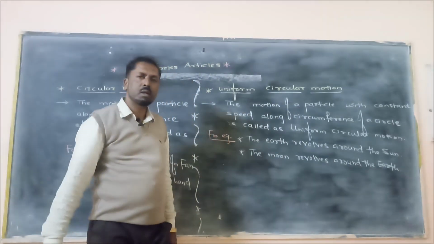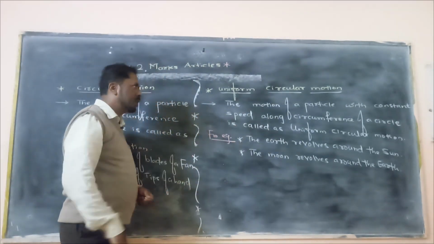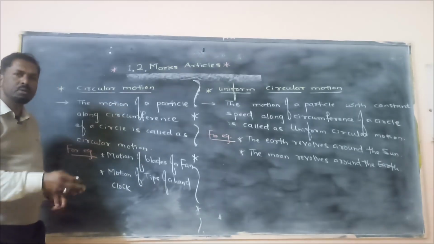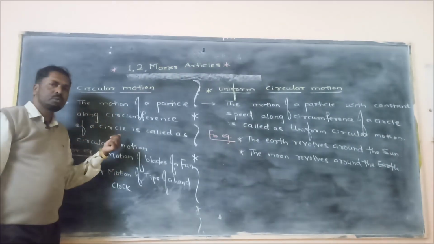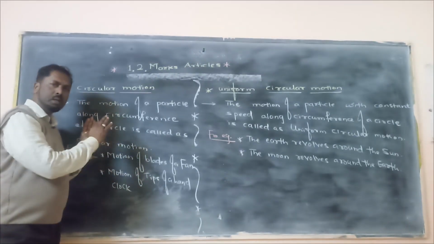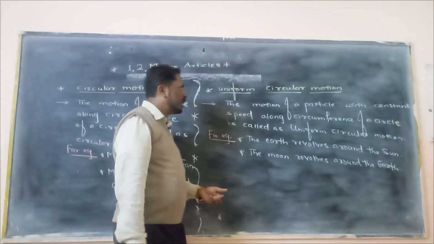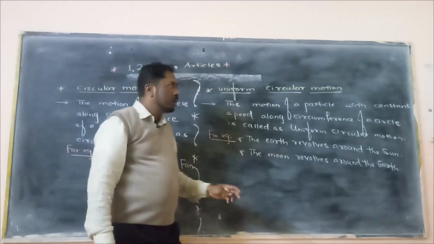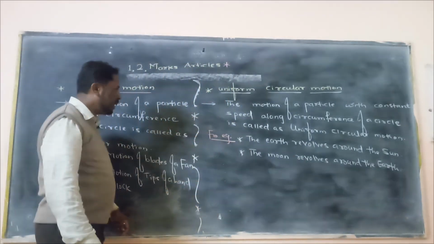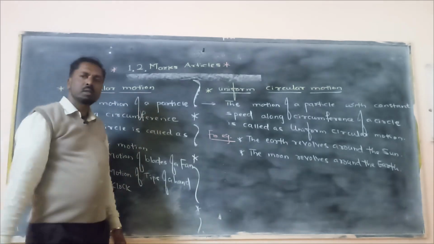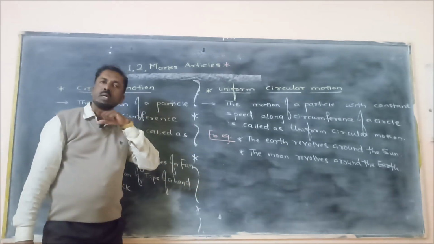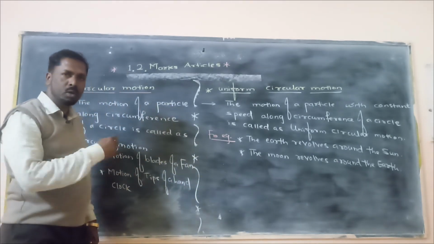So the difference is that in circular motion the speed does not remain constant, whereas in uniform circular motion the speed remains constant. First of all, see these 2 points.